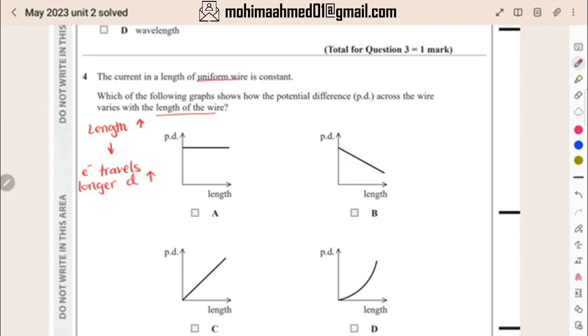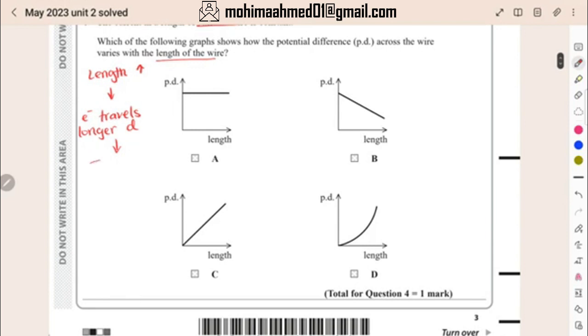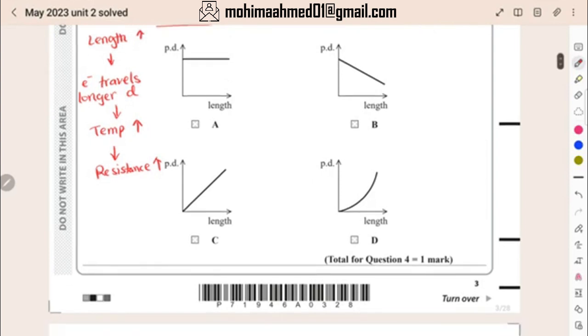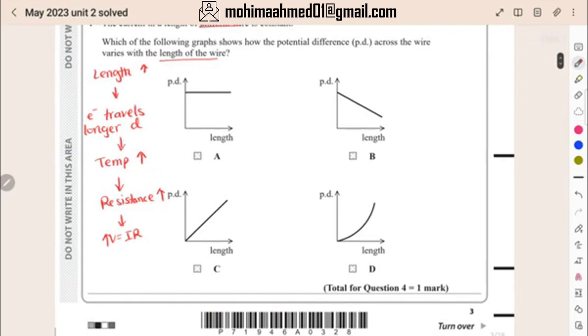This causes the temperature to increase, and this causes their resistance along the wire to increase. If the resistance along the wire is increasing, then according to the equation V equals IR, current is staying constant. If R increases, V also increases, right? So if there is an increase in length, the voltage will increase. And that is the same case if the length decreases also.